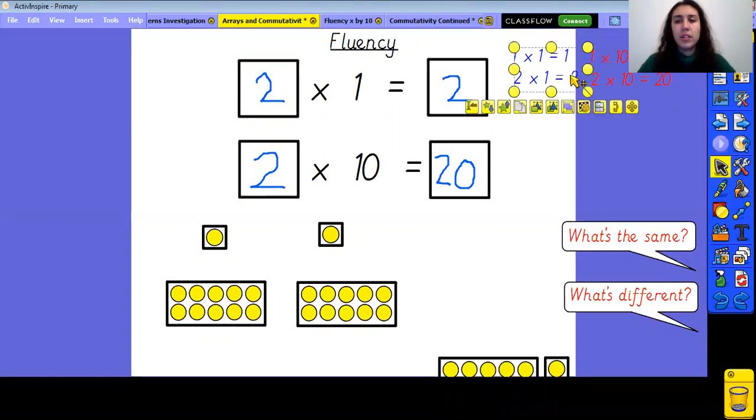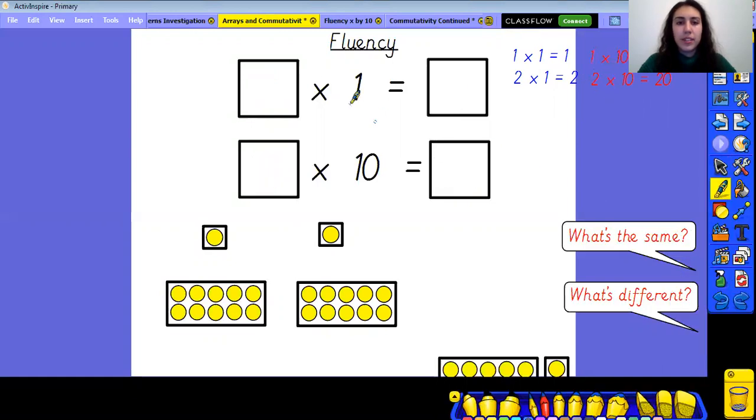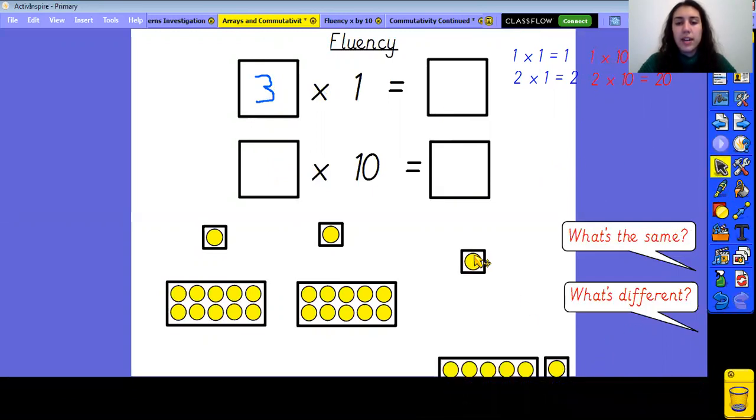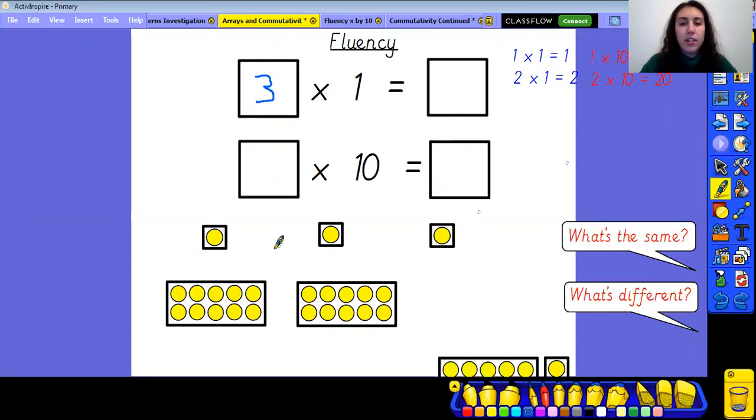Let's have a look at a different number. Let's do 3. So 3 times 1. So this time I've got 3 groups of 1. Let's add another one of our groups of 1. That means that all together I've got 3 yellow counters. Lovely, when I've got 3 groups of 1. But what about if I've got 3 groups of 10?